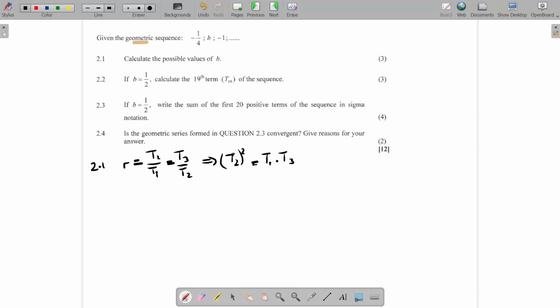I'm going to choose to use that latter version. It just is less needing of fractions. So as a result, B squared equals minus a quarter times by minus 1.